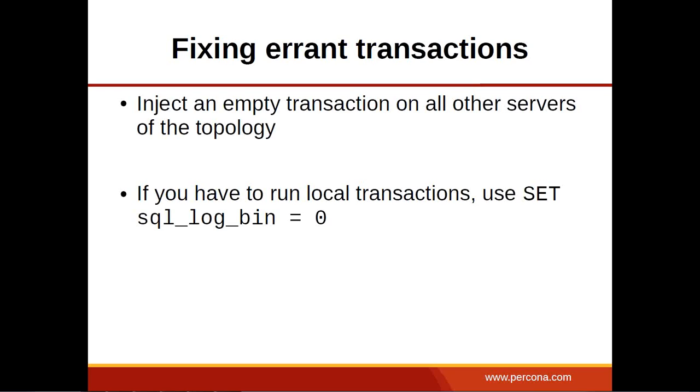And if you have to run local transactions, one way to do that without injecting an errant transaction is to use SET SQL_LOG_BIN=0, so that the transaction that you write locally on the slave will not end up in the binary log. There will be no GTID associated with that transaction, so it's not going to be a problem with failover and so on.